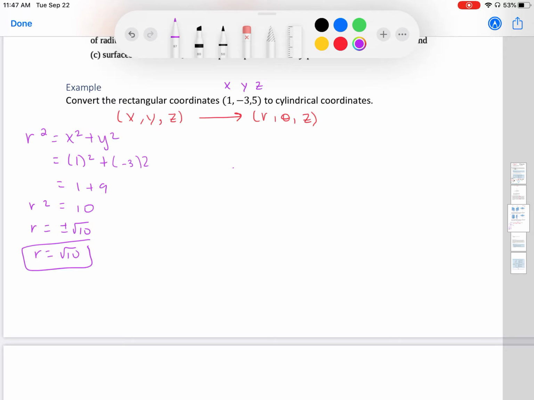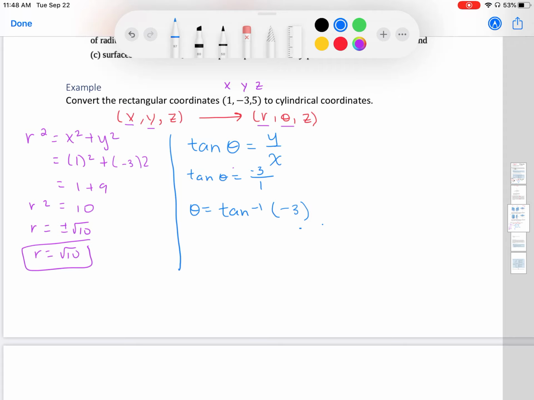All right, so let's think of what we need. We got x to r, we now need y to theta. We have a formula to find theta, an angle: tangent theta is equal to y over x. So tangent theta is equal to -3 over 1. Theta is equal to tangent inverse of -3 divided by 1, which is just -3.